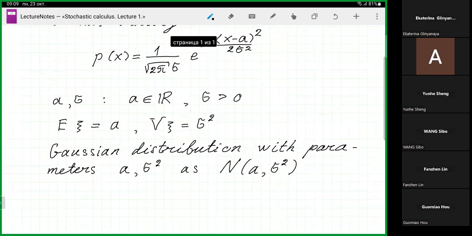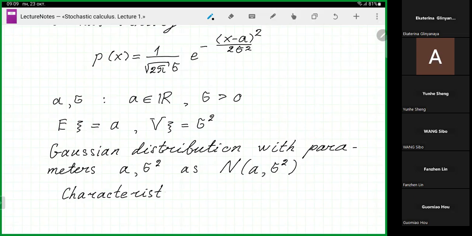For us, it will be good to have a characteristic function of the Gaussian random variable. So let us consider the characteristic function of psi.